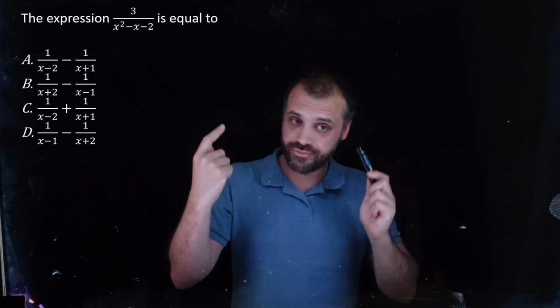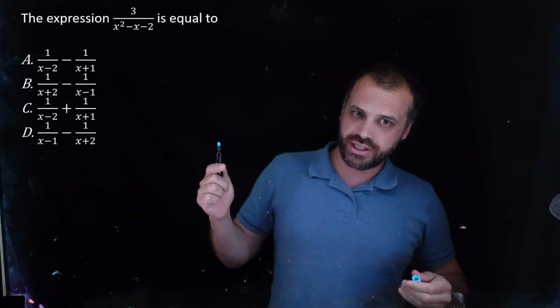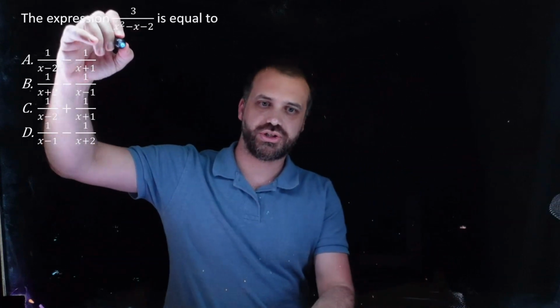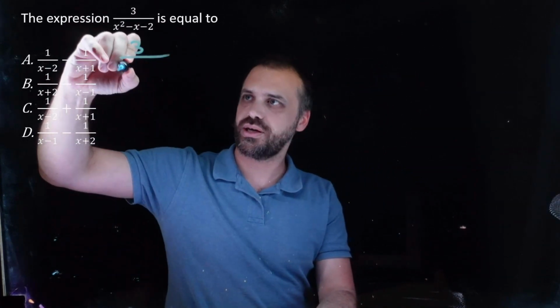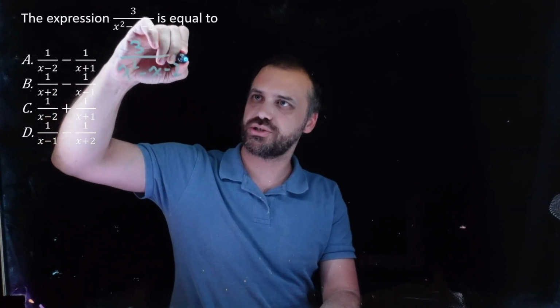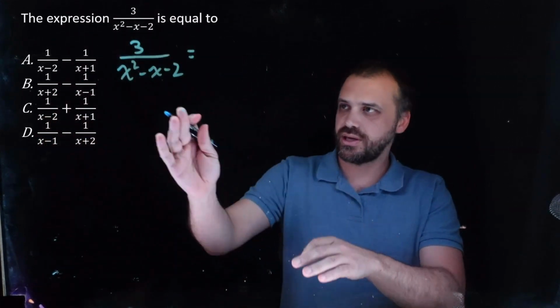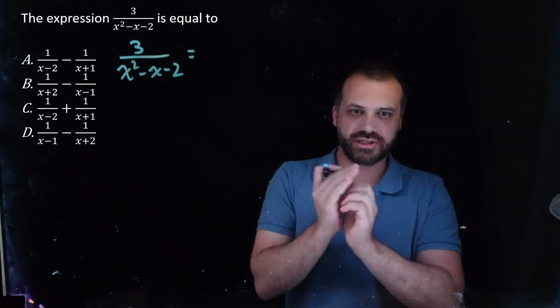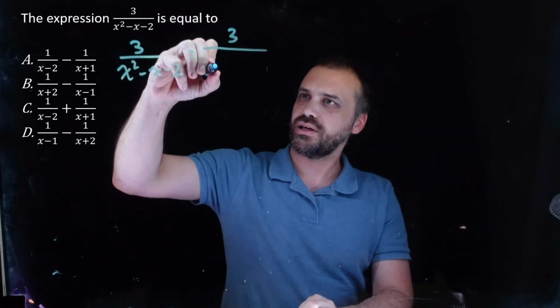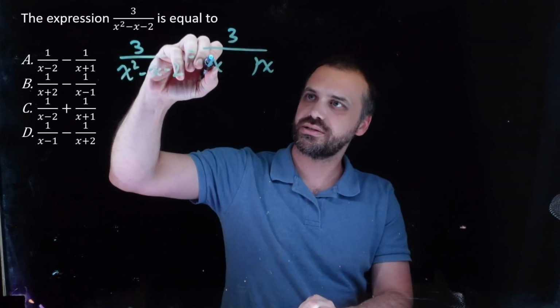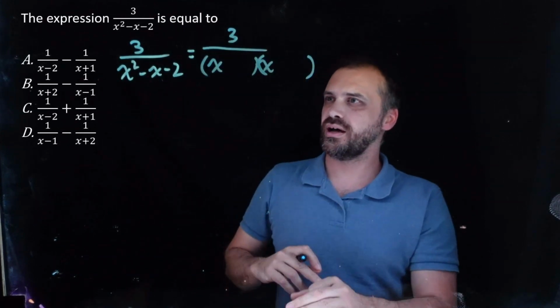Alright, have a try yourself, and then I'm going to jump in. So it is a partial fractions question. So we've got 3 over, what is it? x squared minus x minus 2. So first step here, you really need to factorize this. So it's going to be 3 over x, and what do I need?